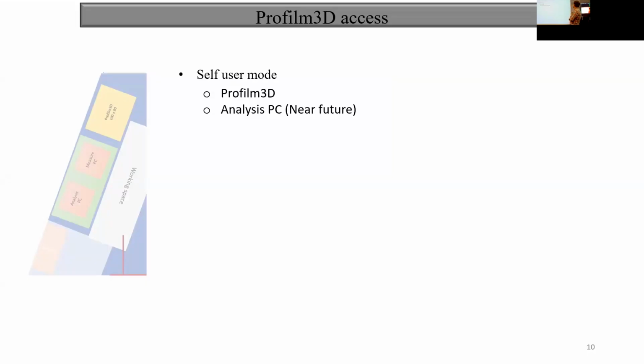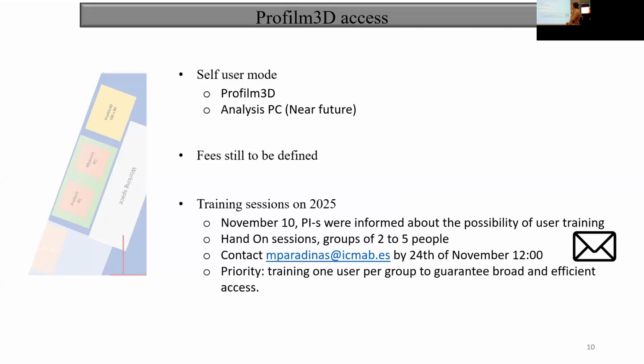So we decided that it's going to be a self-use mode for this equipment, both for the equipment and also the analysis. The fees are still not defined, so we are working on that. But what we want to do now in 2025 is to train the people that are going to be using it.